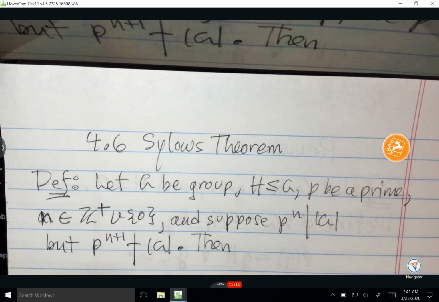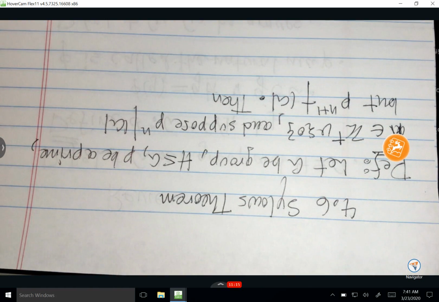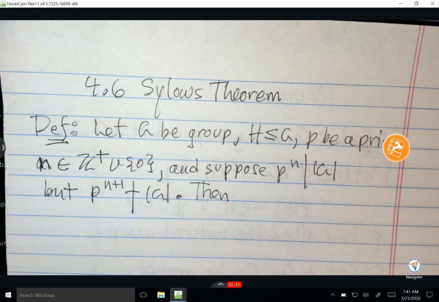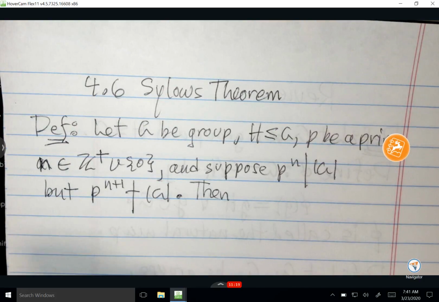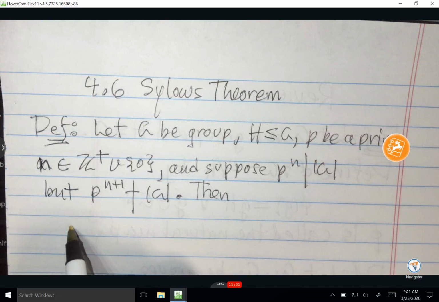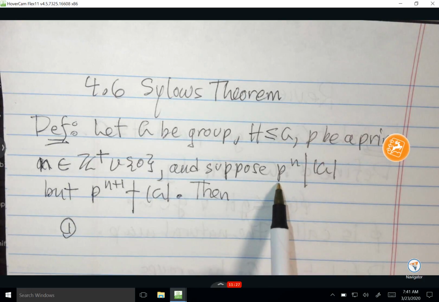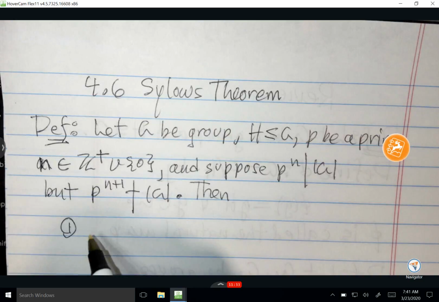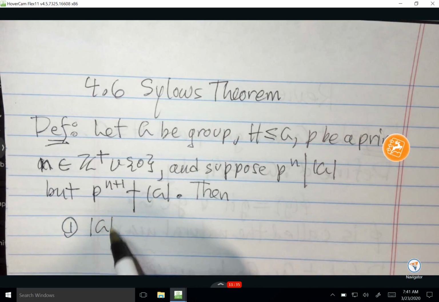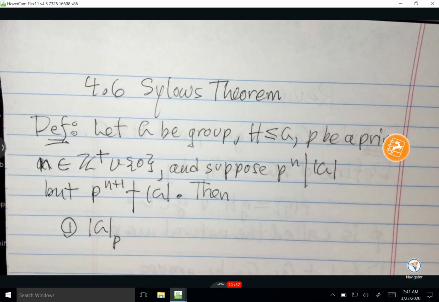Then, one, we call this number p to the n, the highest power of p that divides the order of G, the pth part of G. And we attach this symbol to it. It's the order of G with a subscript p.